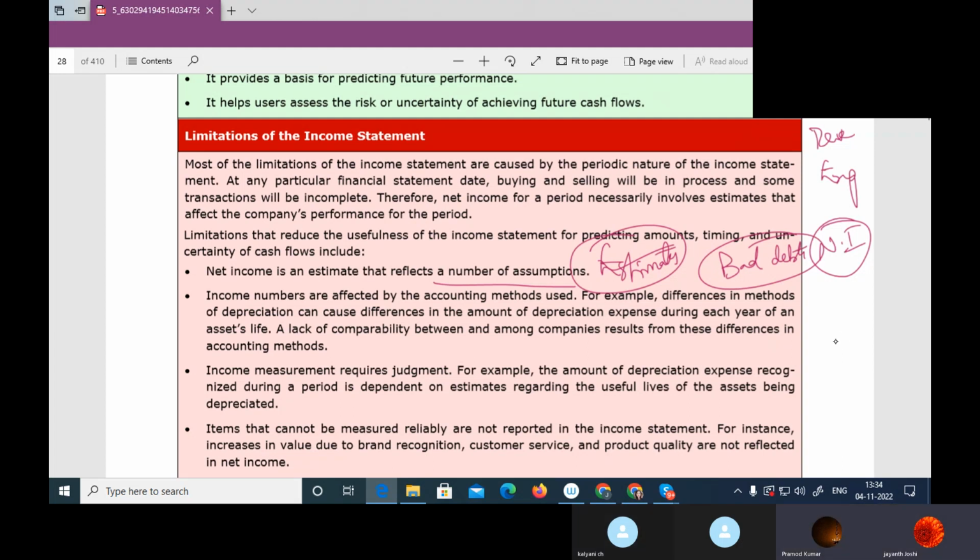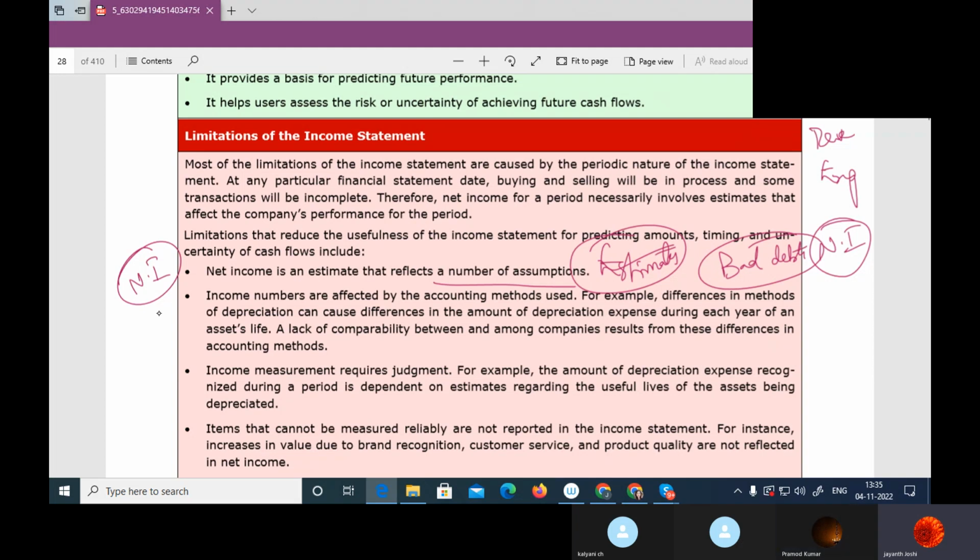Yes, sir. See, if you see the company's profit, net income or profit, can you blindly trust that this is the exact performance measure of a company? No, you can't. Why? Because the company has got that profit based on many assumptions. For bad debts, they have created a provision based upon their estimates. Do you think those estimates are exactly as per some standard?